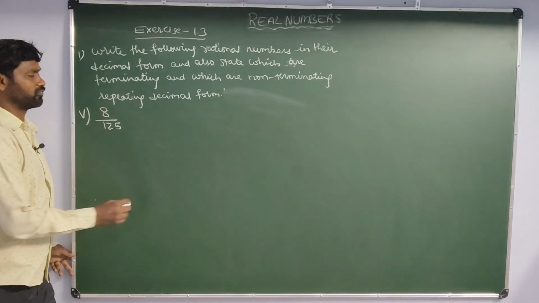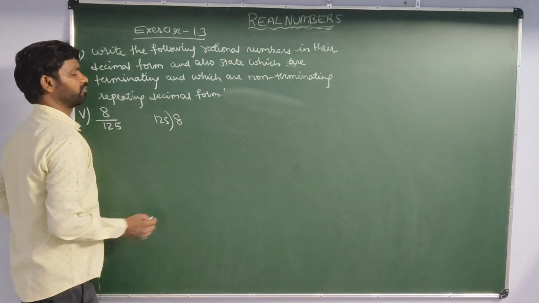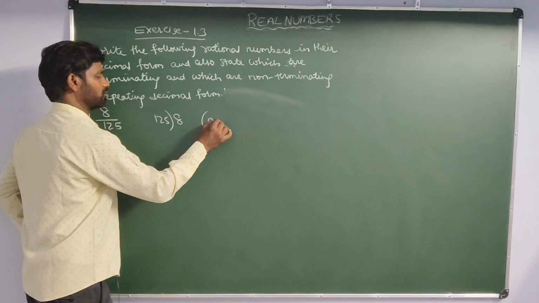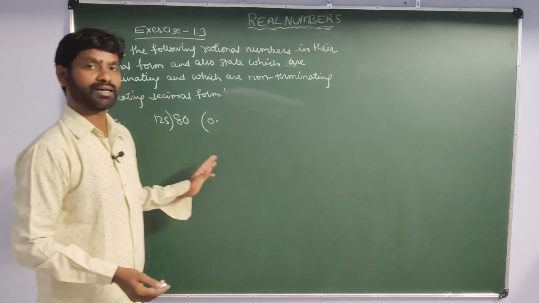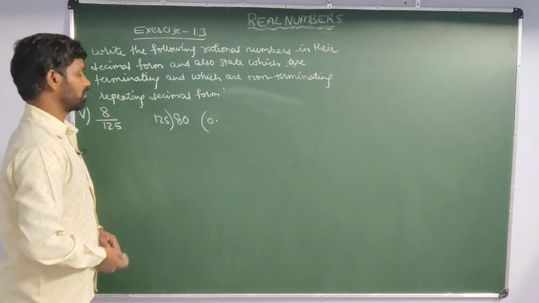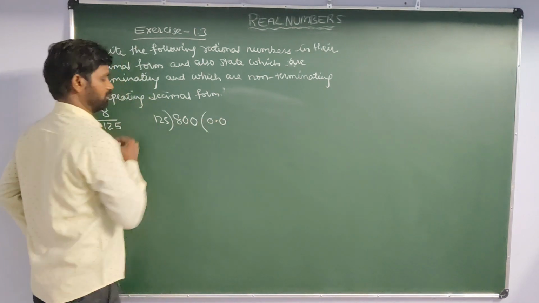Fifth question, 8 by 125. Divide 8 by 125. So take here 0.0, but 8 is less than 125. Still, we cannot divide. Therefore, consider 0 here and one more 0 here.